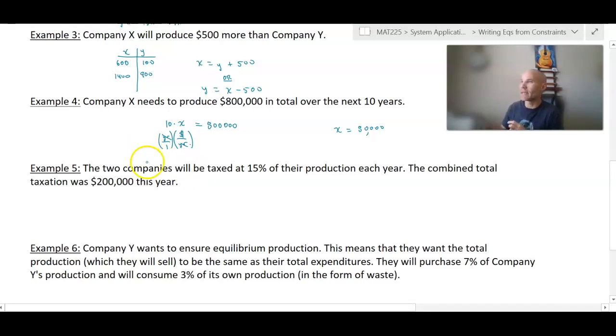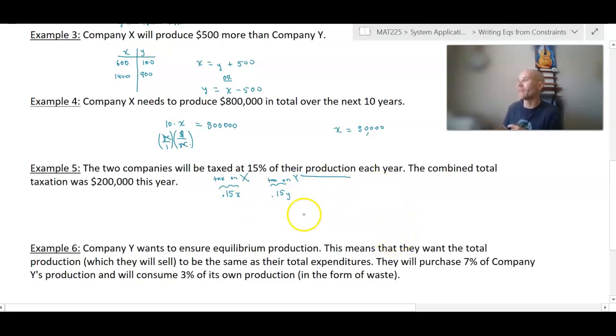Okay, so that means that if I take 15% of X, that's 15% of their production. So if I take 15% of X, this is the tax on company X, and 0.15 of Y will be the total tax on company Y.